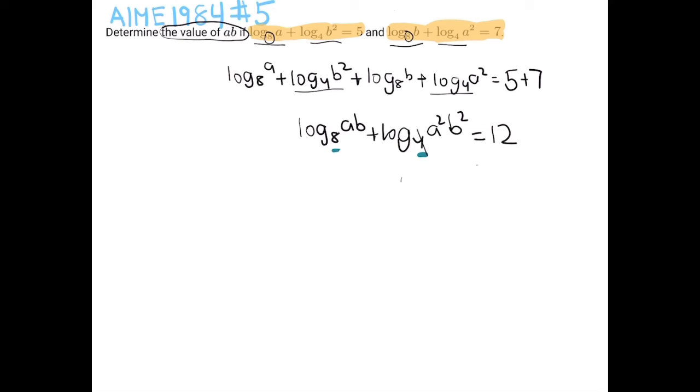Okay, so I underlined the 8 and the 4, because 8 equals 2 to the power of 3 and 4 equals 2 to the power of 2. Therefore, it would be a lot easier if we converted these two to log base 2. Because 8 equals 2 to the power of 3, log base 2 to the power of 3 of ab would equal 1/3 log base 2 of ab, because when we have an exponent in the base, the coefficient would be the reciprocal of that power.